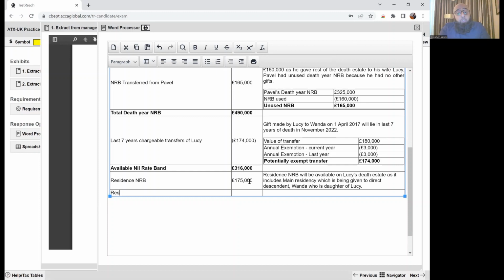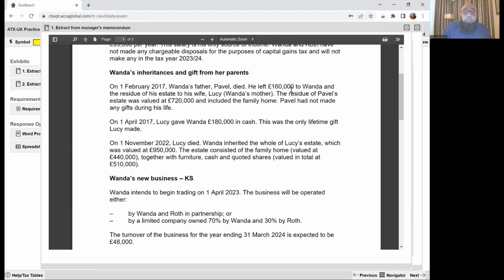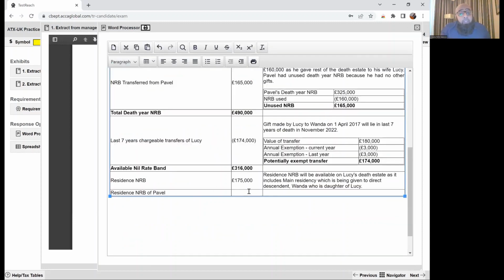Now, there is one more issue. Residence NRB of Pavel will also be available. Why? Because the residue of Pavel's estate, which he gave to his wife, was valued at 720,000 and included the family home.